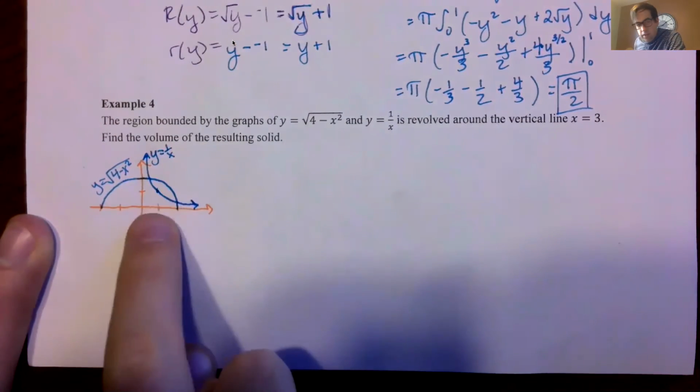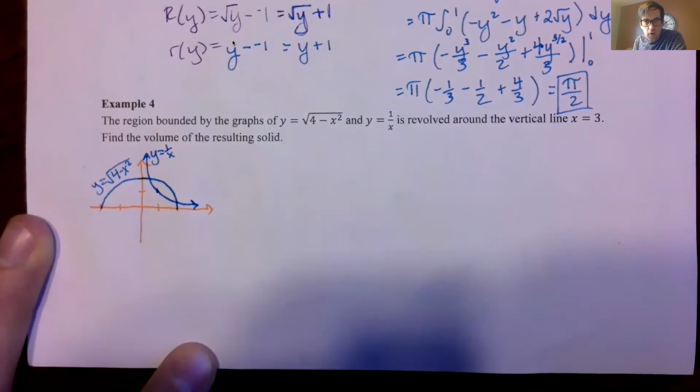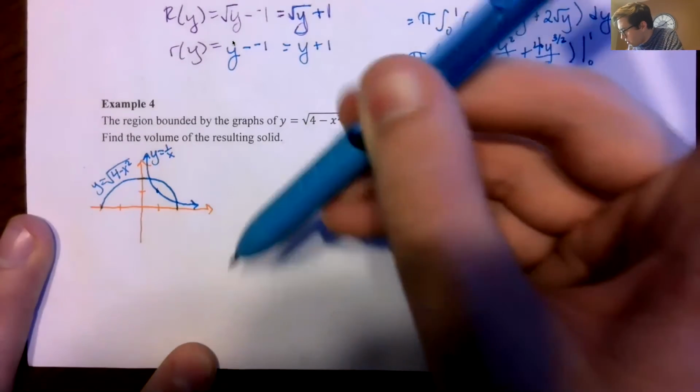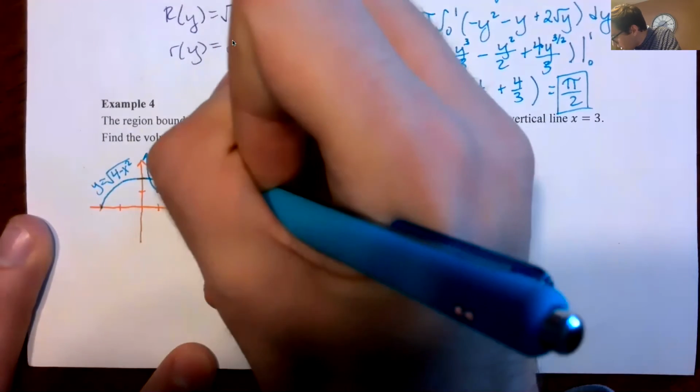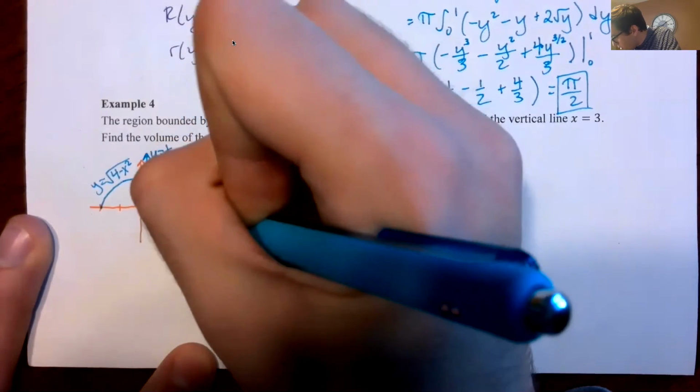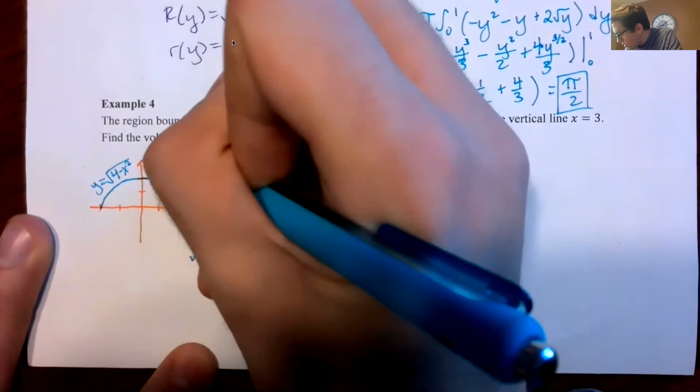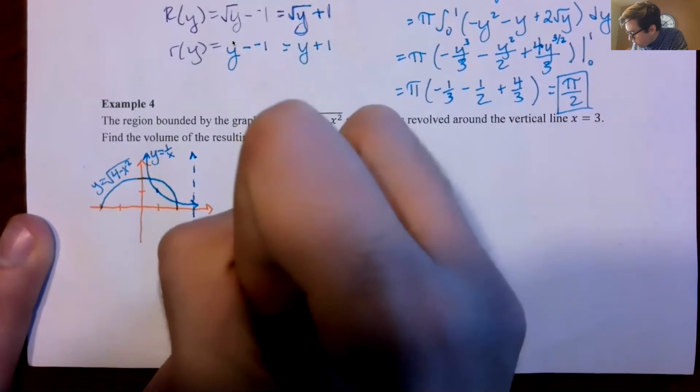And so there's our intersecting region, our overlap, and that's revolved around the vertical line x equals 3. So that's going to be over here. That's what we're revolving around.